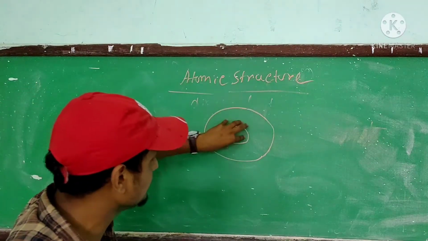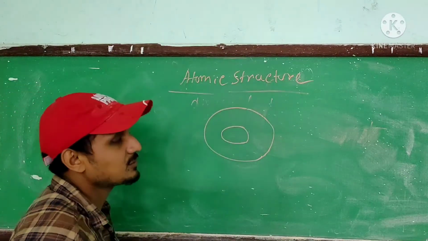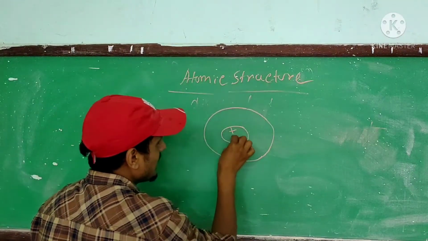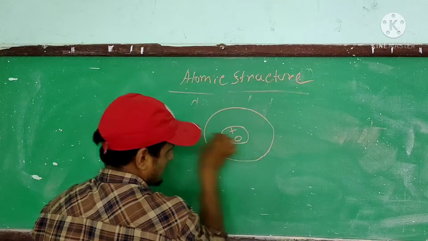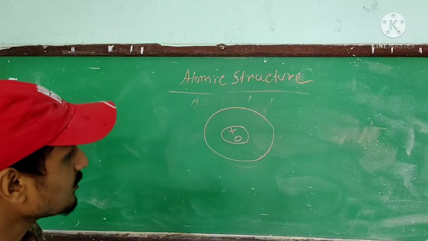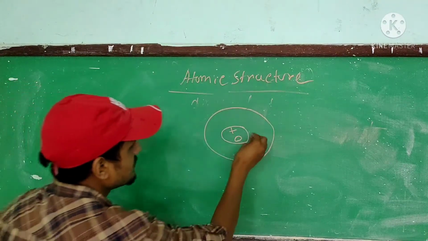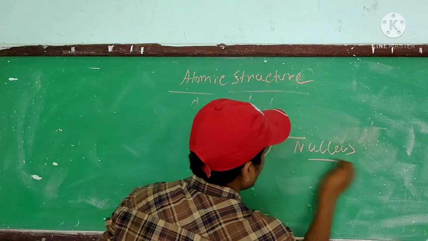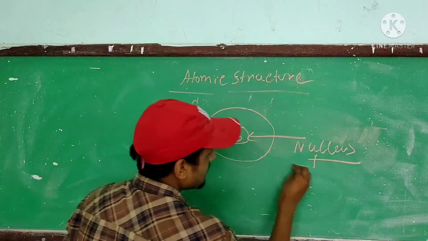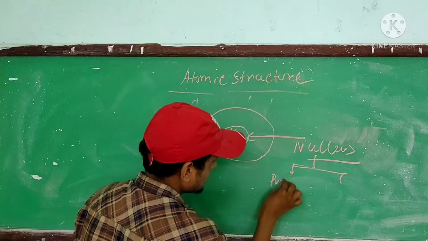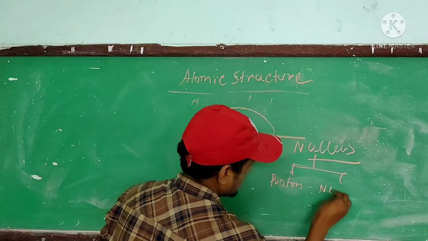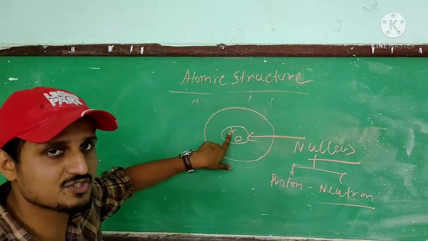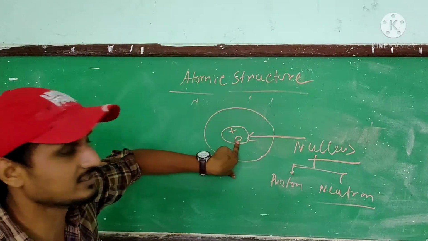This center will contain 2 subatomic particles among 3. That means this will contain only the protons and neutrons, and this center is called the nucleus. I have denoted here the proton means positive charge and neutron means neutral nature.